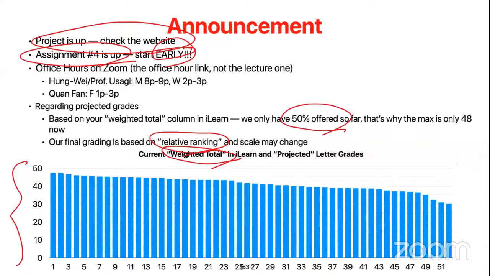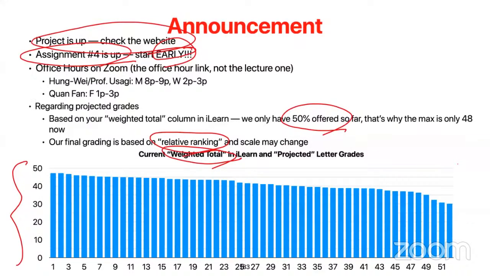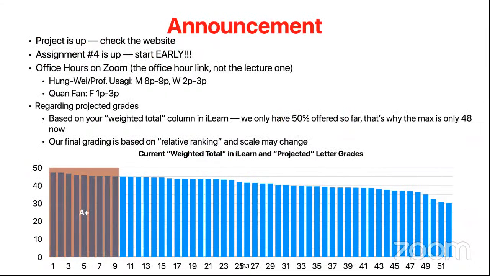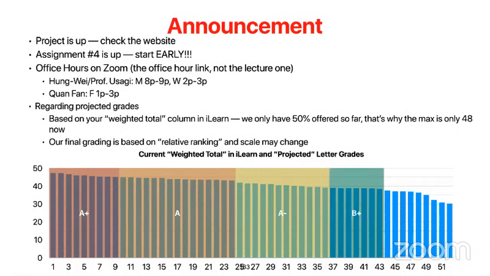But since I have been teaching this class starting from 2012, it never happens. It turns out that my curve helps you get better grades. So trust me, and don't be too worried about the grades. Just try your best to learn the material from the class.